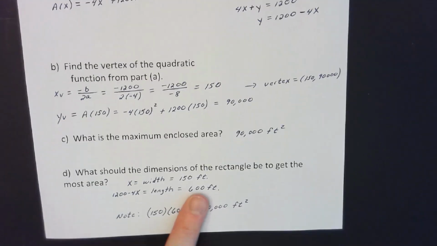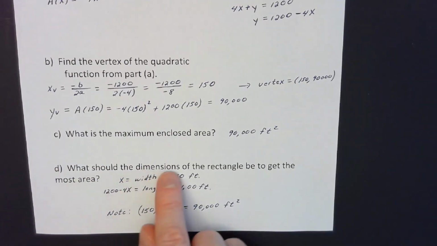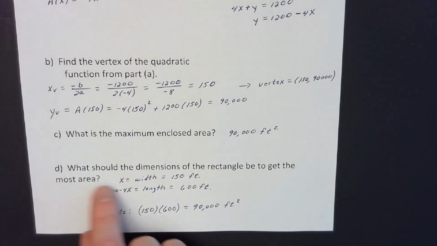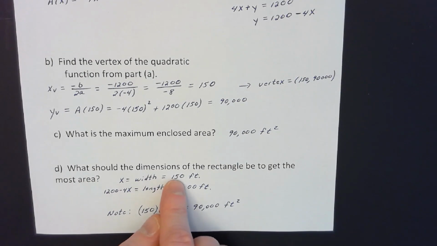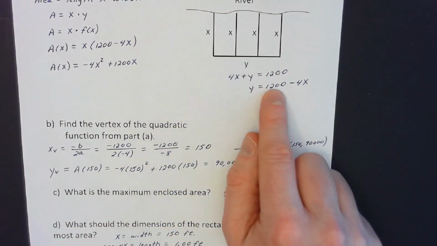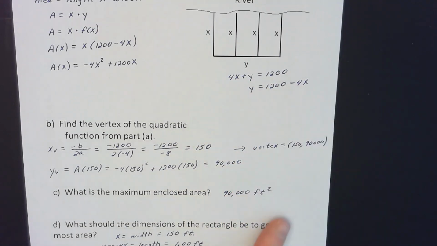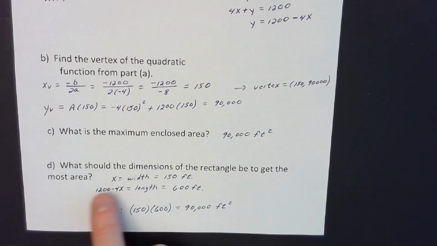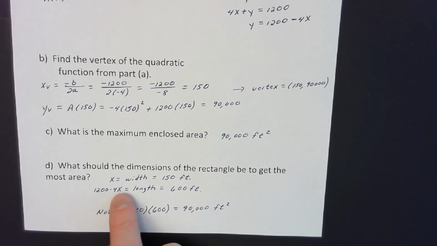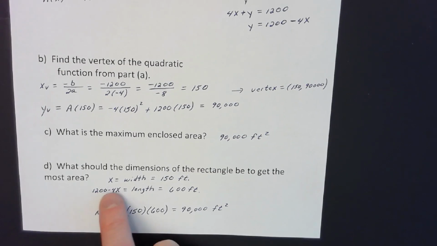So notice, when it asks what should the dimensions of the rectangle be to get the most area, well, we already know x is 150. Now the other dimension has to be 1200 minus 4x, so that's what I said right here. The length would be 1200 minus 4 times 150, it's 1200 minus 600, 600 feet.